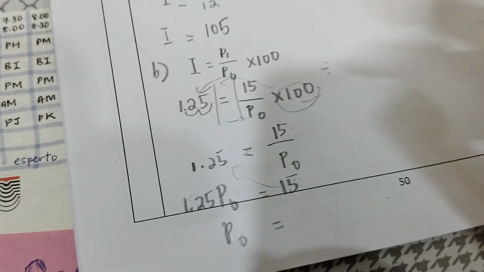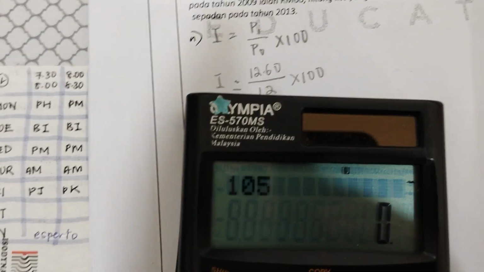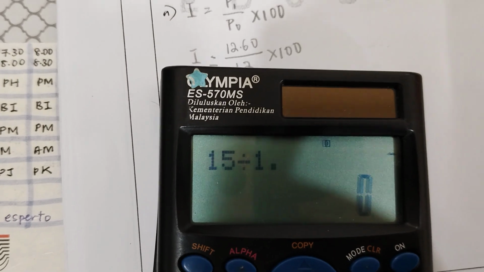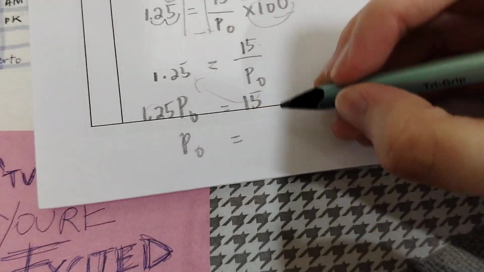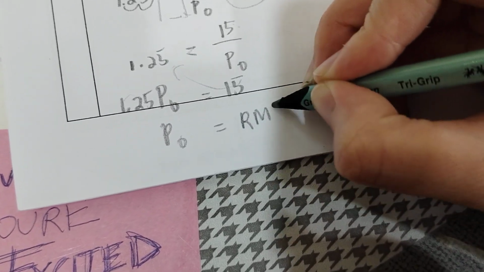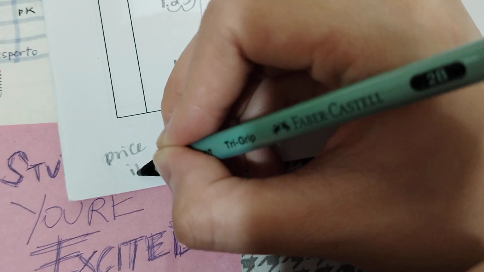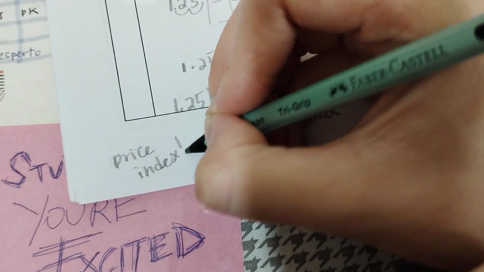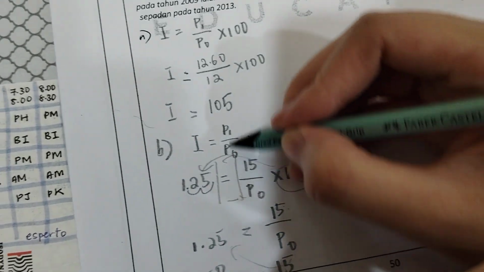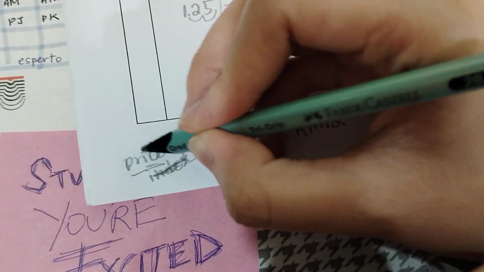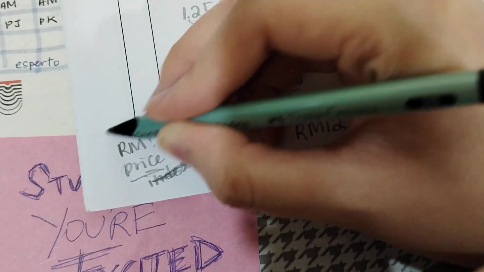P0 should be 15 divided by 1.25. So your final answer should be 12 ringgit. Over here it was the percentage, because this is the price index. Over here it's the price, not the index, so RM.